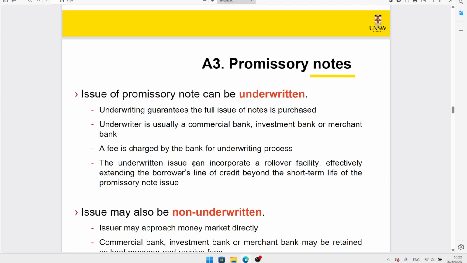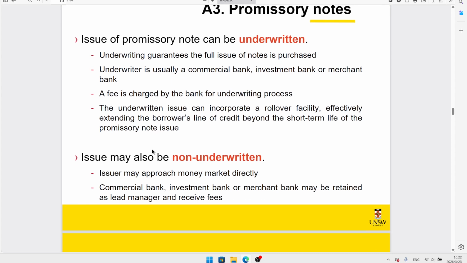Issues of promissory notes can be underwritten. Underwriting guarantees the full issue of notes is purchased. The underwriter is usually a commercial bank, investment bank, or merchant bank. A fee is charged by the bank for underwriting. The underwritten issue can incorporate a rollover facility, effectively extending the borrower's line of credit beyond the short-term life of the promissory note issues.